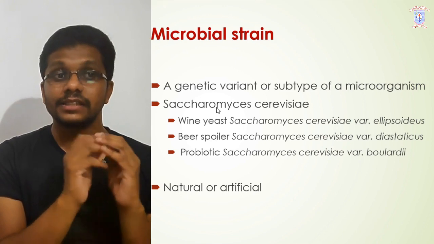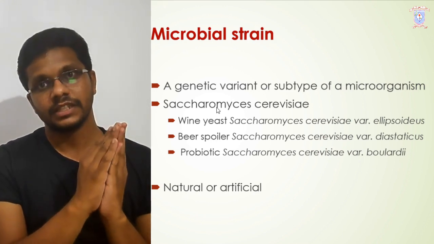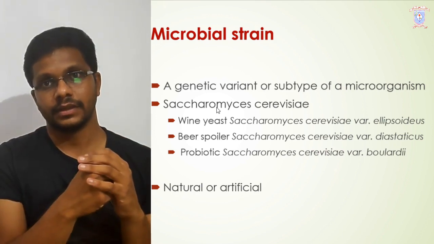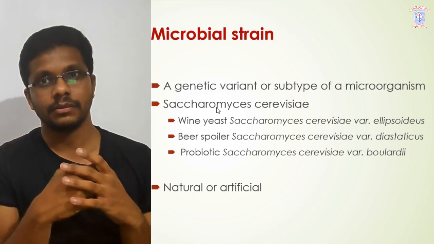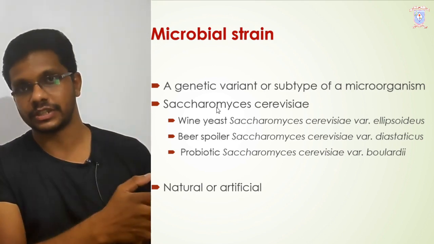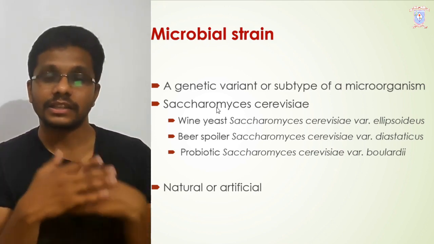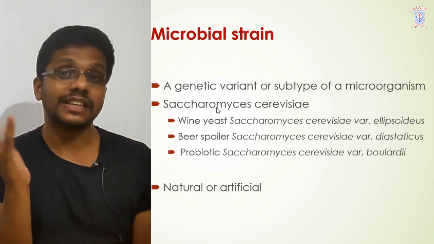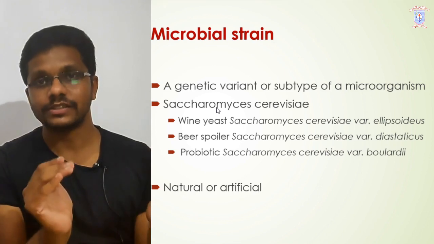One more thing is that these variants can be either natural or artificial. Some of these variants emerge naturally, but we can also artificially make these variants by genetic engineering, protoplast fusion like techniques, gene editing, artificial recombination, site-directed mutagenesis. Using such techniques, we can make newer strains of microorganisms.